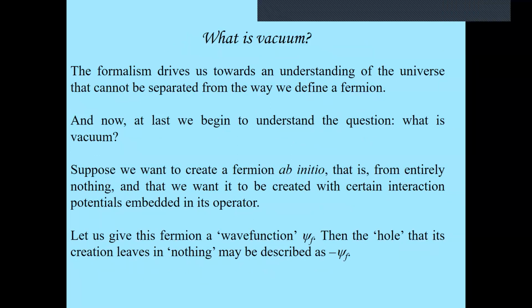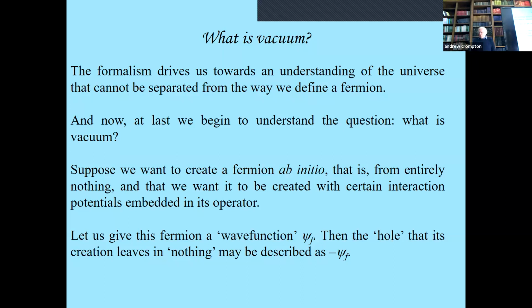And now we start beginning to understand what we mean by vacuum. I suppose I have always been a believer that everything is nothing altogether, fundamentally. That's the only way anything works, if you start from nothing. So suppose we want to create a fermion out of nothing, and we want it to have interaction potentials in it.